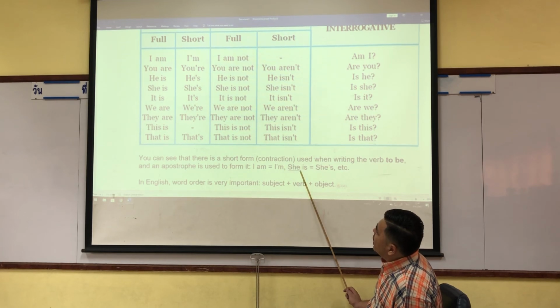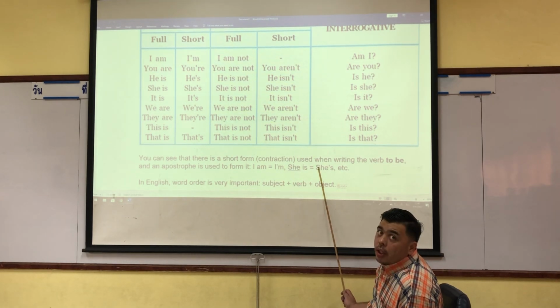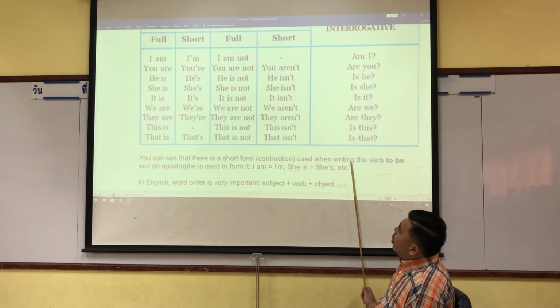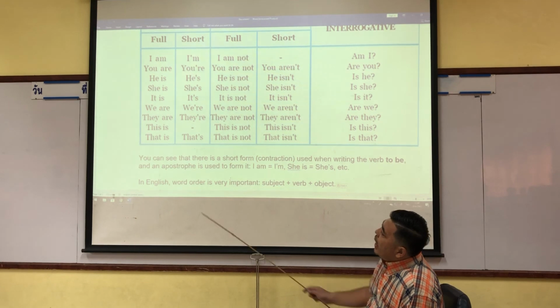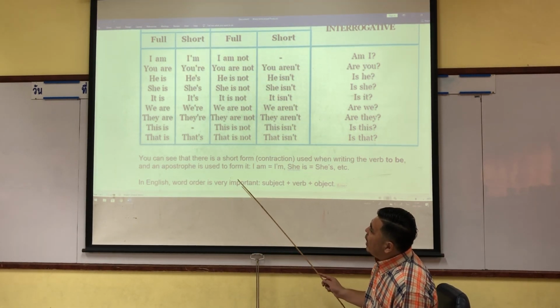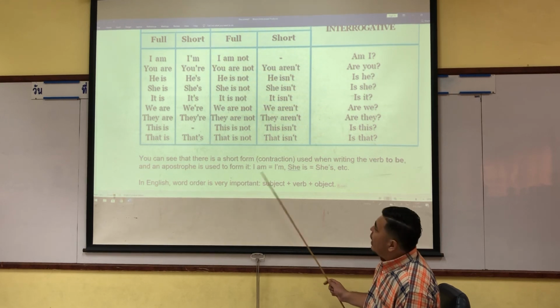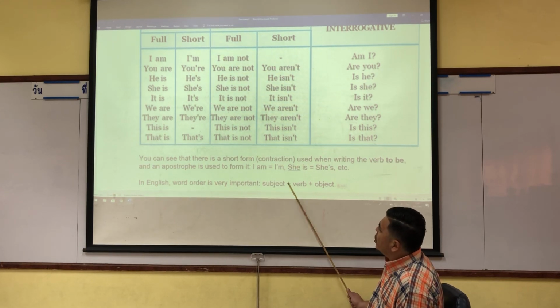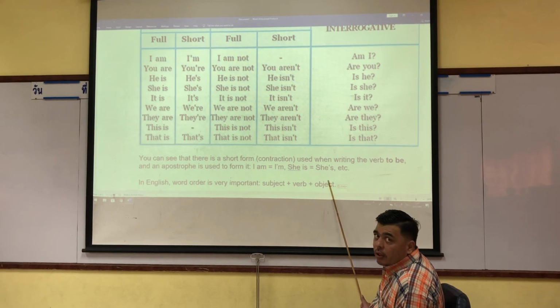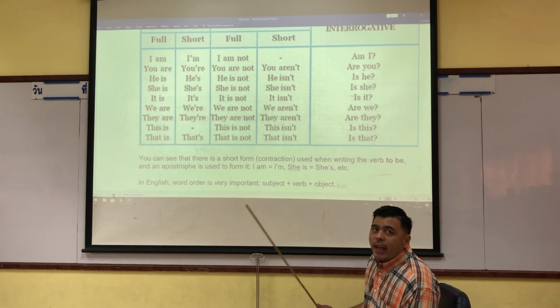She is equals, good, she's. Okay, and it goes on and on. In English, word order is very important. It's subject plus verb plus object. Okay? Thank you.